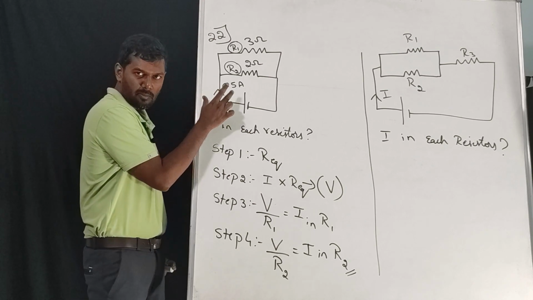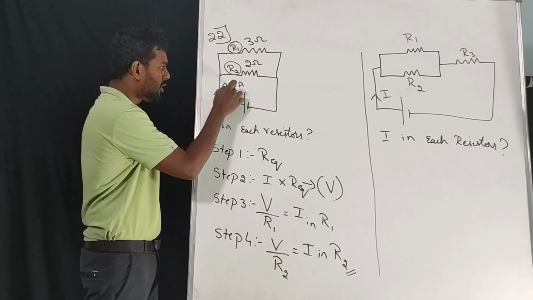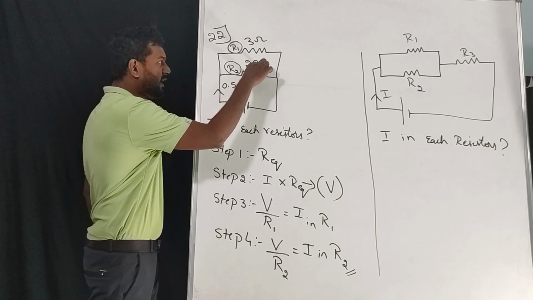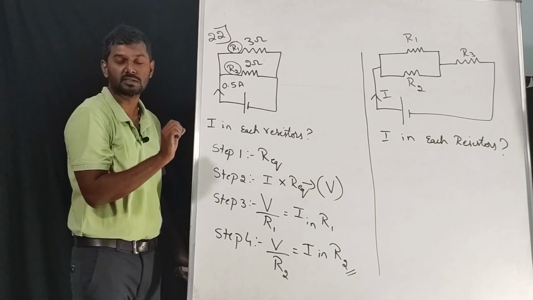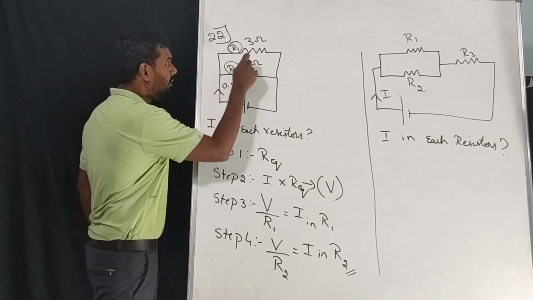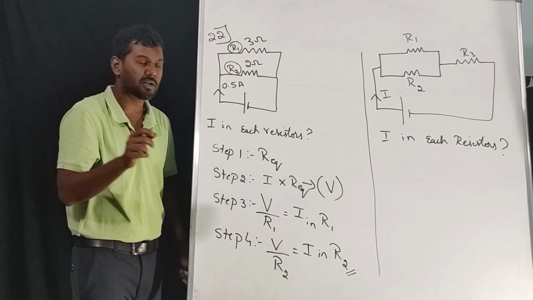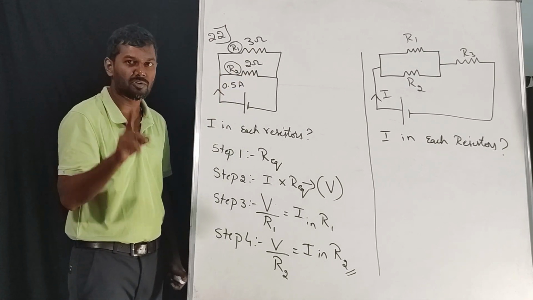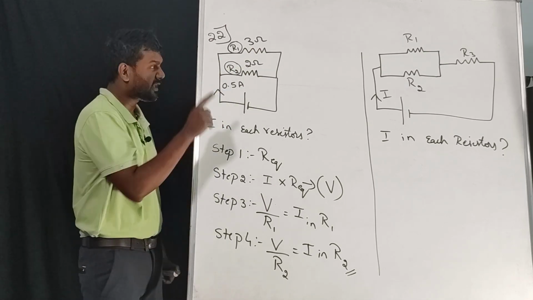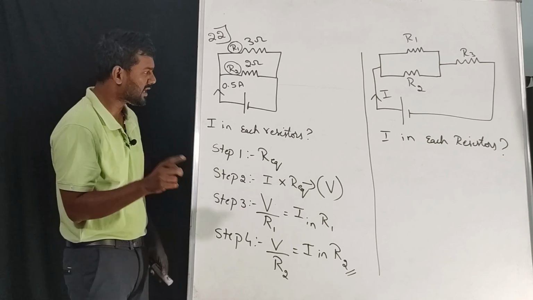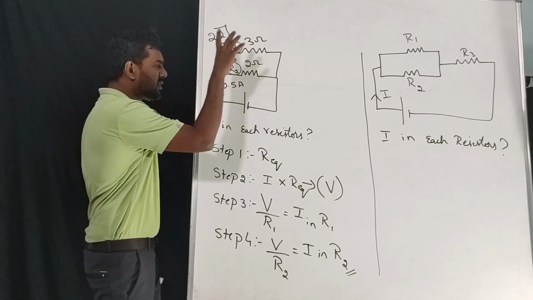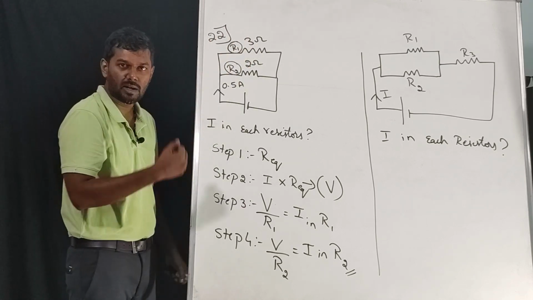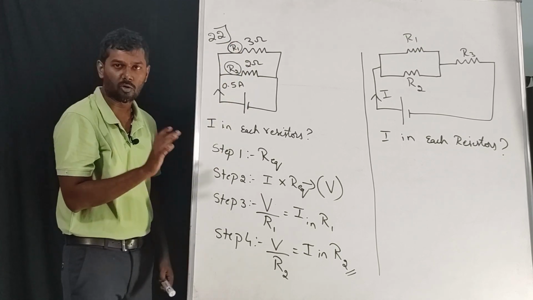They have given the main current I, that is 0.5. We need to find the current in this resistor and this resistor. Current will be different in both resistors because both are connected in parallel. In parallel connection we know current will be different, but in series connection current will be the same. But here the connection is parallel, so current will be different. That is what we are going to find.